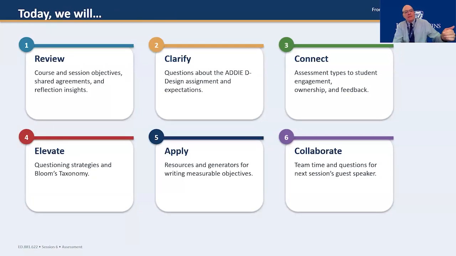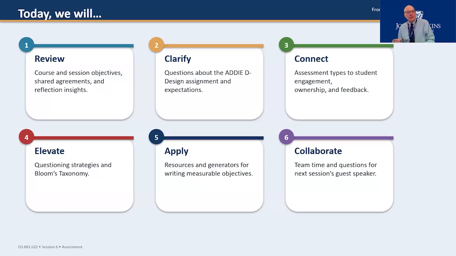So also in this session, and really throughout the course, we talk about our session objectives. We talk about how we can clarify the ADDIE design assignments and expectations. So ADDIE is the instructional model that we are working through. So that is analyze, design, develop, implement, and evaluate.